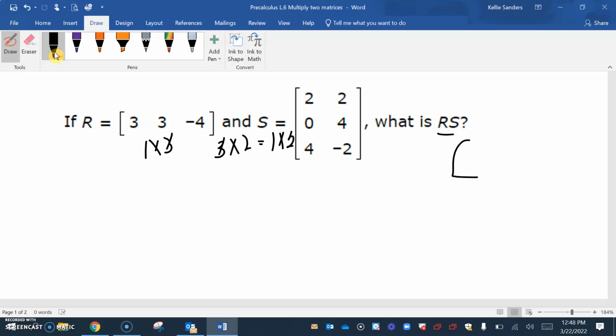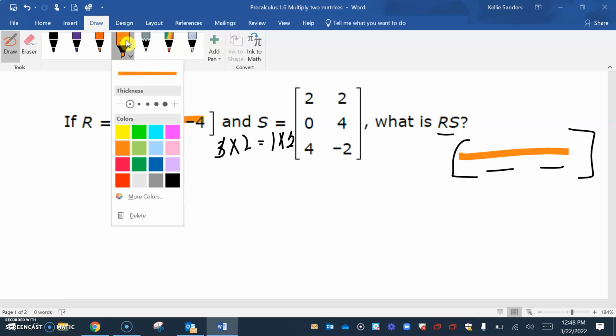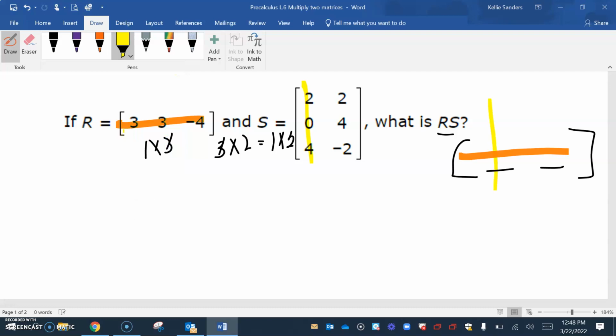And a 1 by 2 looks like this. So we're going to do the rows in the first matrix and the columns in the second matrix. So in this one, we're going to do orange and yellow, but orange has 3 numbers. Yellow has 3 numbers. So we're going to multiply first to first, second to second, third to third.